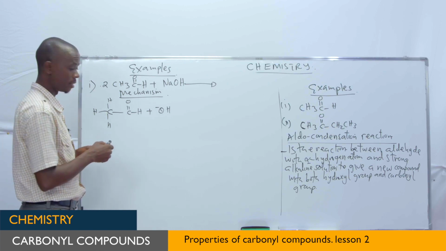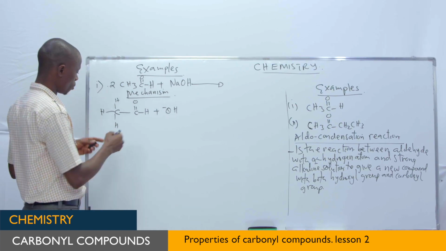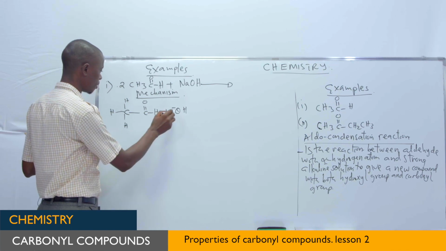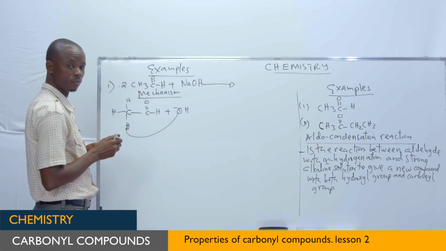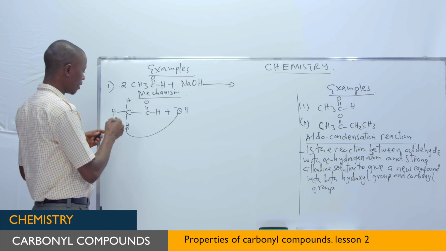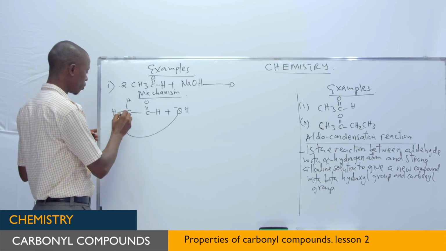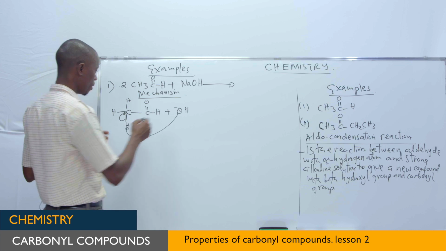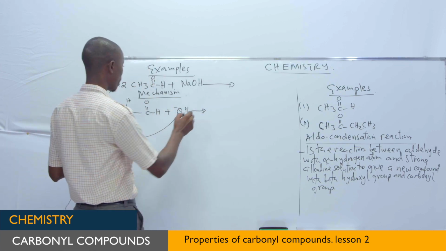Now, what will happen? This hydroxide group will attack this proton here. And when this is taken, this bond will break, the electrons will come to this carbon atom. Therefore, there we are going to have this one.